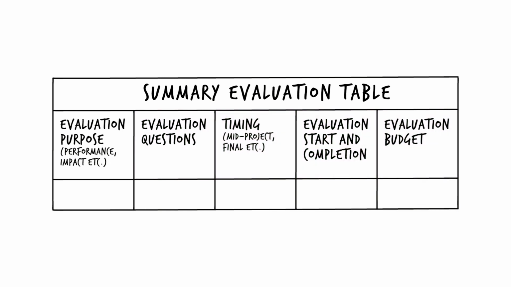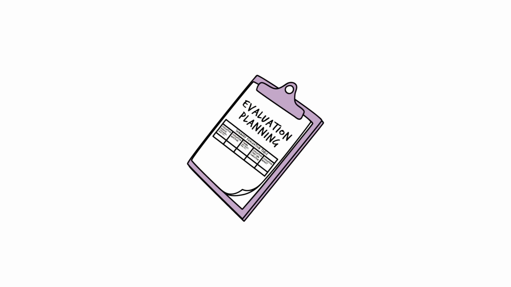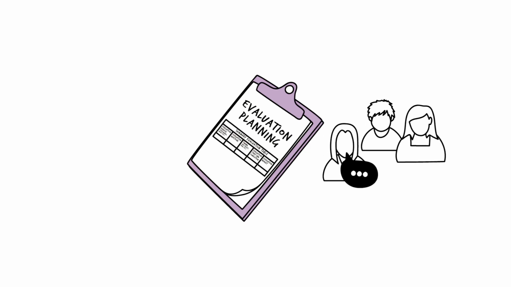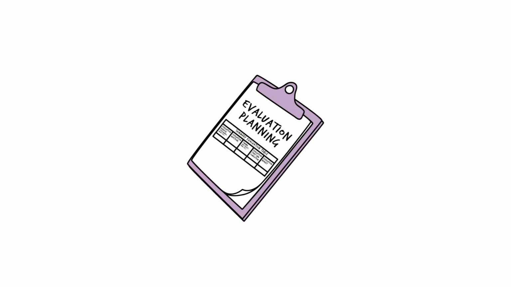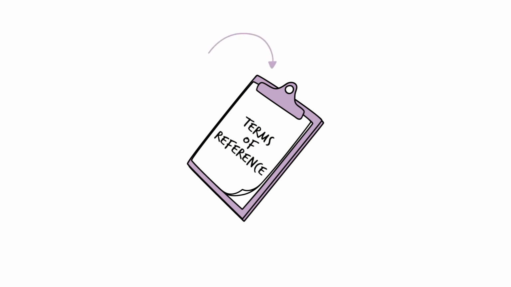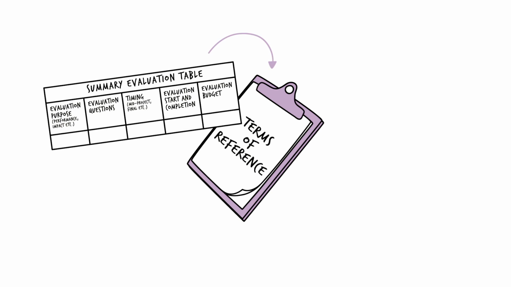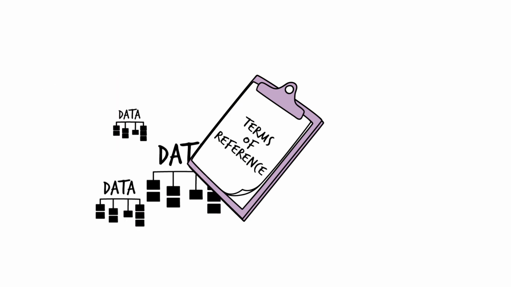As the time for the evaluation nears, teams use initial evaluation planning, up-to-date project implementation experience, and monitoring results to develop a full evaluation terms of reference, or TOR. The terms of reference builds upon the summary evaluation table, providing updates to evaluation questions based on experience, details on data collection methods, and evaluation roles and responsibilities.